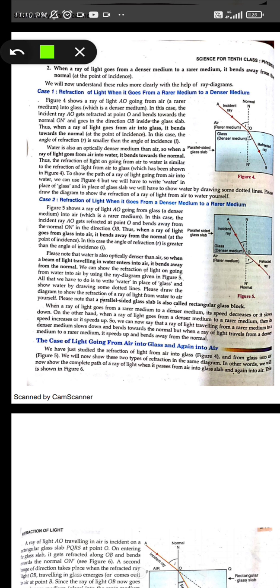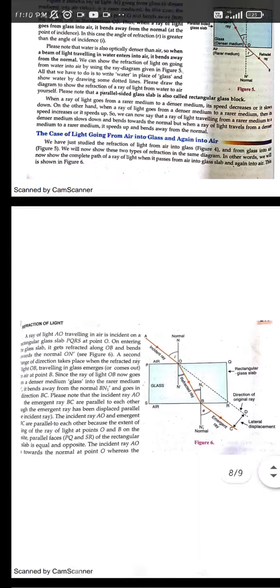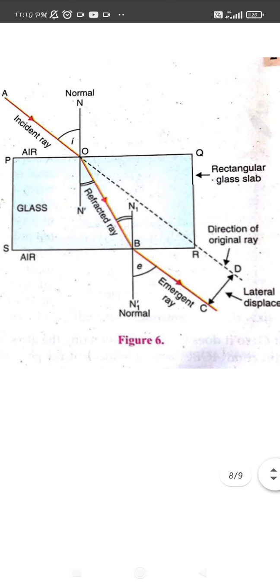So there are three rays which we can see, and one is the incident ray. Here you can see more clearly that the incident ray falls on the surface, and from there it is moving from rarer to denser, so the light ray will move towards the normal.